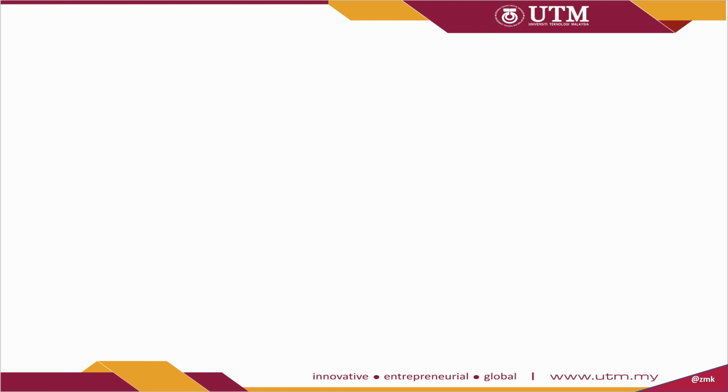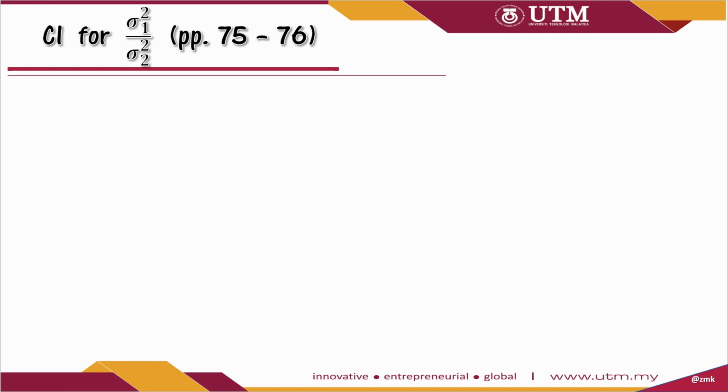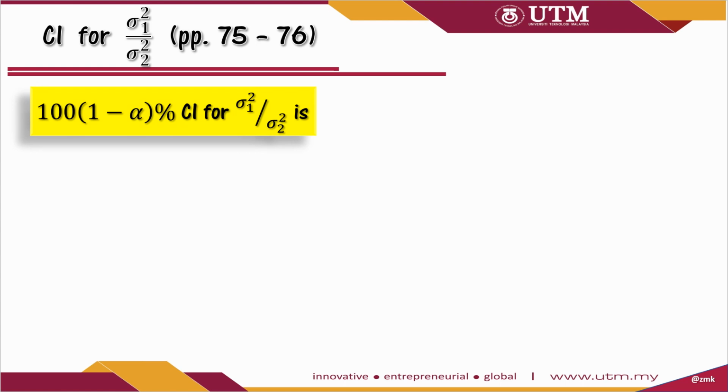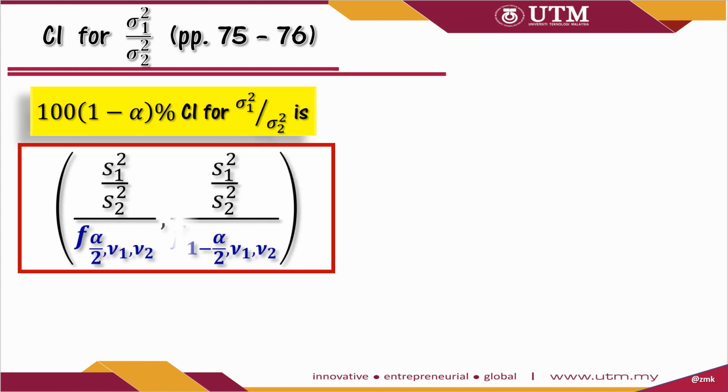Let us now proceed with constructing a confidence interval for the ratio of two unknown population variances, sigma 1 squared over sigma 2 squared. A two-sided 100 times 1 minus alpha percent confidence interval for sigma 1 squared over sigma 2 squared is given by this expression.